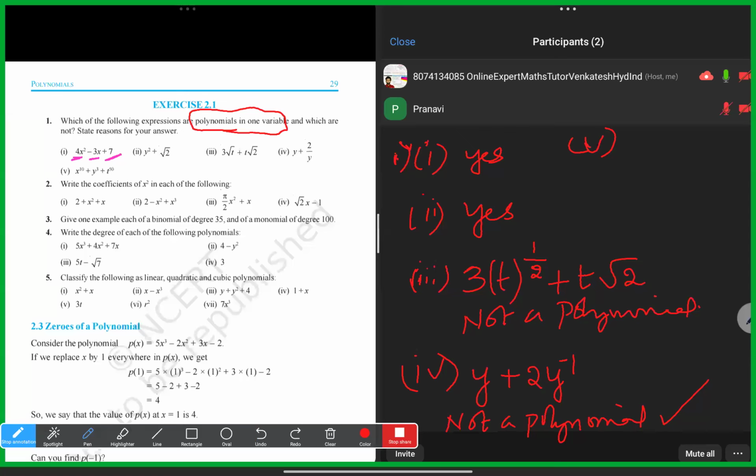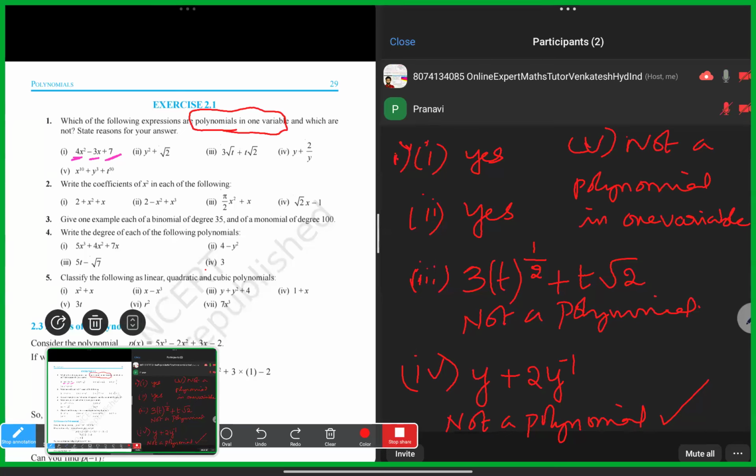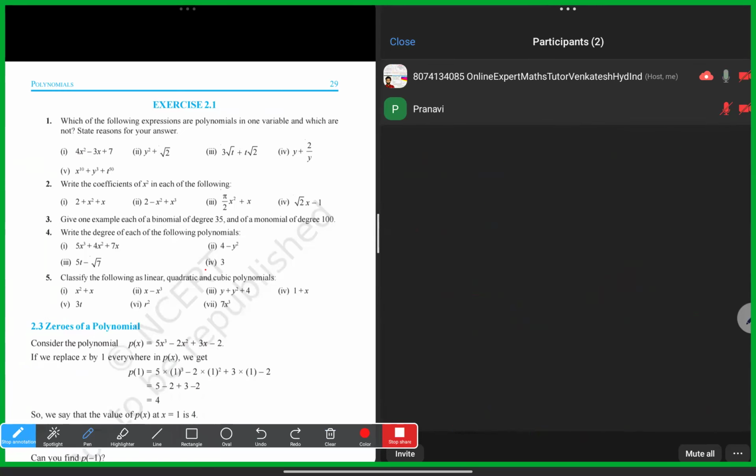Any doubt, Pranavi? No, sir. Okay. So now the second question, Pranavi. Write the coefficients of x square in each of the following.